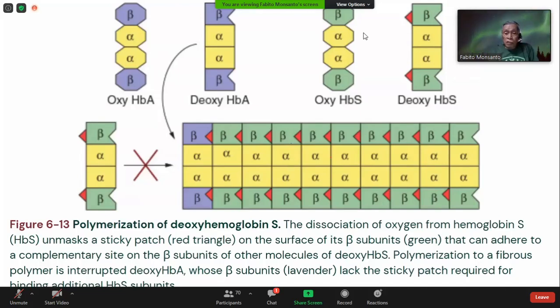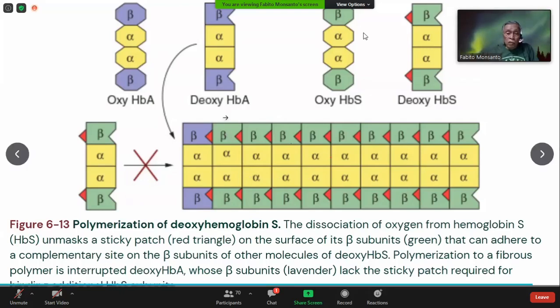Sticky patch. So, normal hemoglobin, this one is oxyhemoglobin, meaning there is plenty of oxygen. Once it removes the oxygen, it becomes deoxyhemoglobin S. And you form a sticky patch.